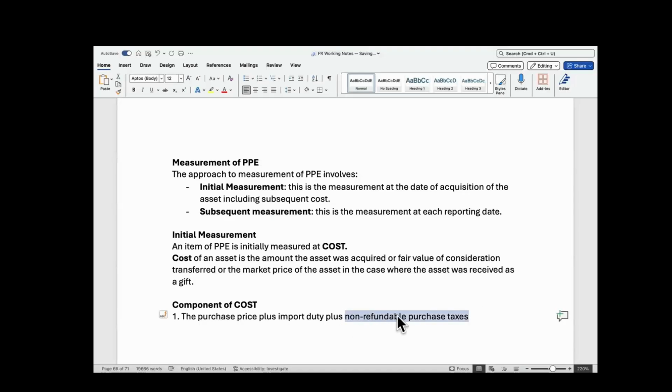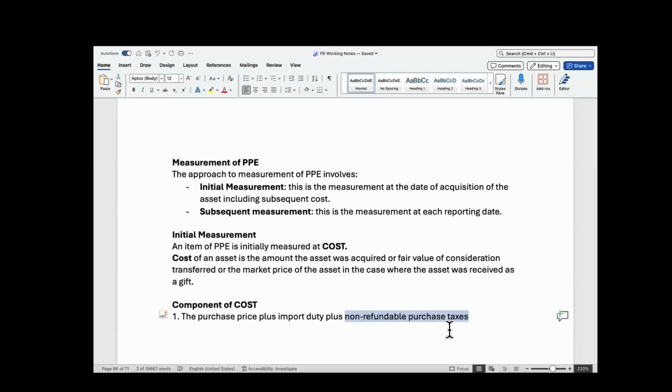And it has to be really non-refundable. If it's one that you can claim as an input, like what the new tax reform in Nigeria has done, which allows you to now claim the VAT you pay on capital items as input VAT, it means that the VAT cannot be capitalized. You cannot add it as part of the cost of the asset.